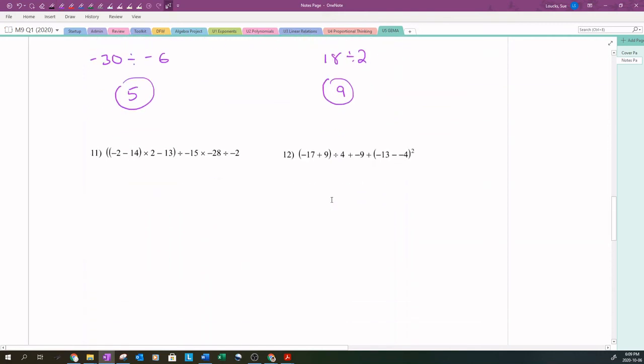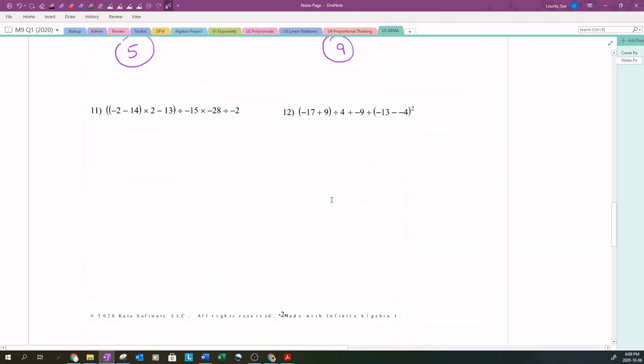Two more questions. Number 11. Okay, I've got some nested brackets again. So I'm going to do the inside brackets. Negative 2 minus 14 is minus 16. And I'm going to write down everything else because that's how I get the right answer.